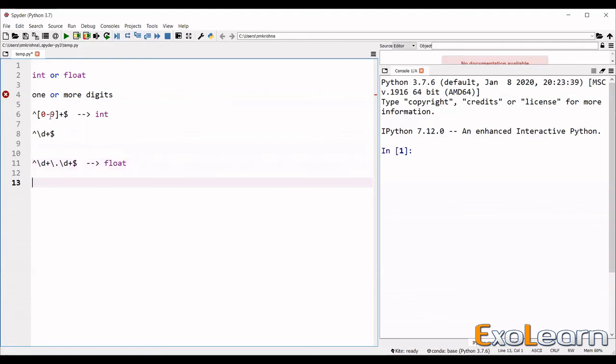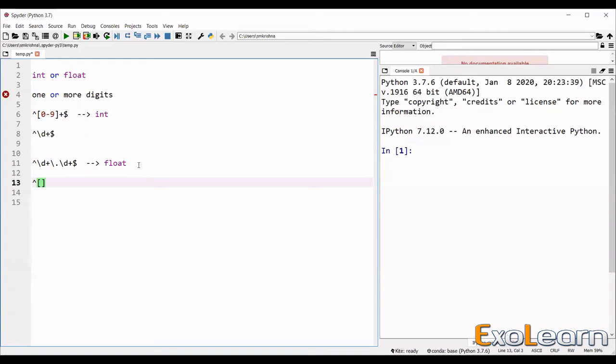But in this pattern, I am not allowing any of the signs, because numbers can be positive or negative. So we can have a plus or a minus symbol, and that too is optional. If you want to allow signs also, the regular expression should begin with caret, and symbols are allowed, so either a plus or minus has to be present.